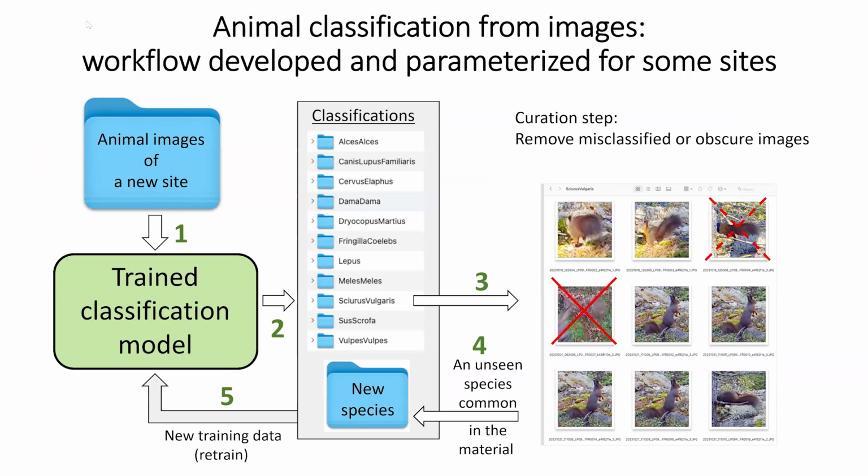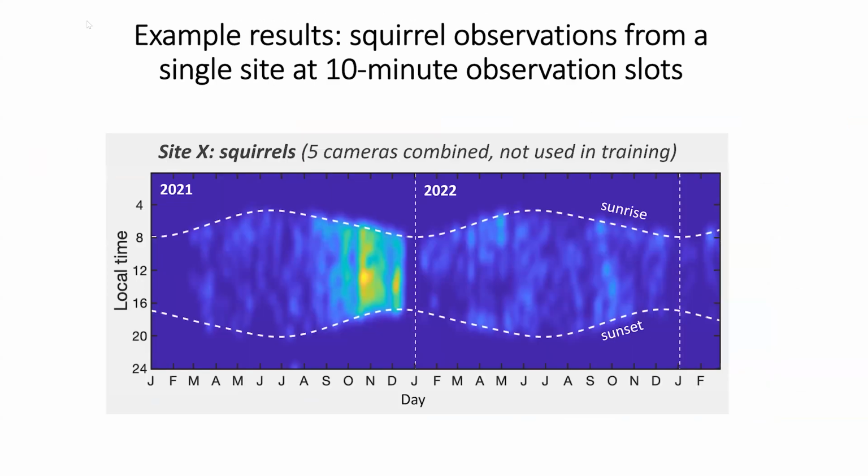Then about animal classification from images. We have developed the workflow, especially by Tommi Mononen, and parametricized that for some of the sites. So here is an overview of the workflow. I will not go into more detail here to save time, but just show you an example result.